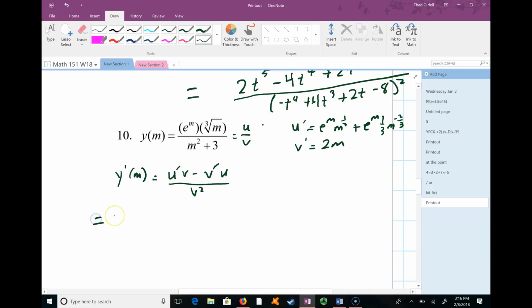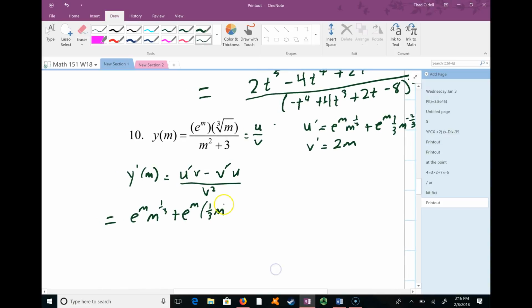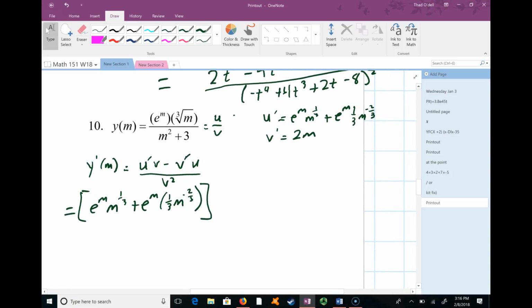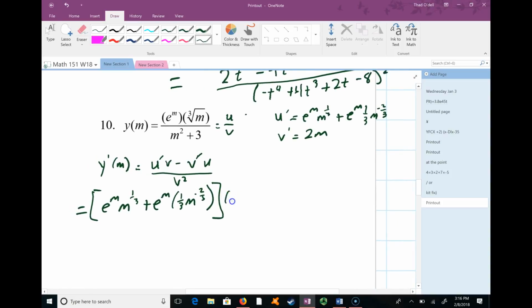Okay, so I'm going to do e to the m to the 1/3 plus e to the m times 1/3 m to the negative 2/3, times this whole thing is multiplied by v, so that would be m squared plus 3. Okay, just to make it clear, all this stuff, that whole place in the parentheses was just the u prime.